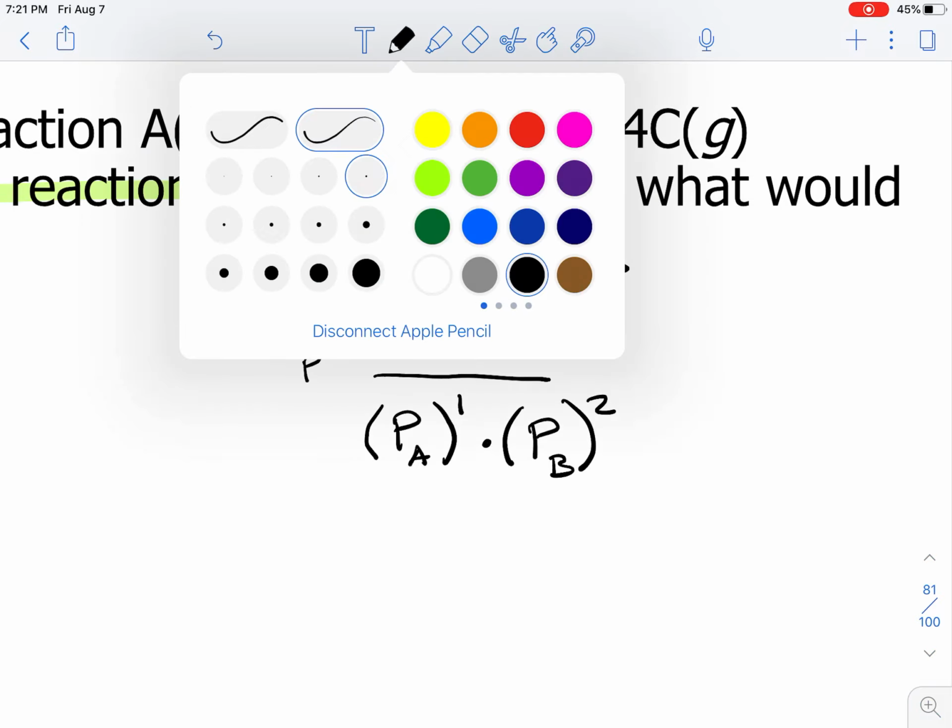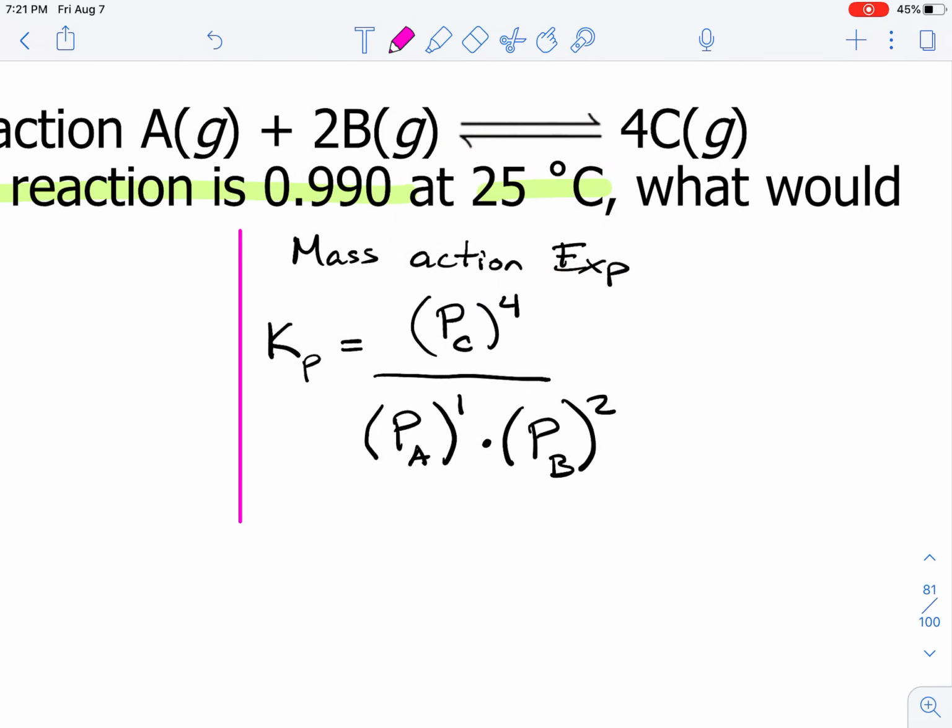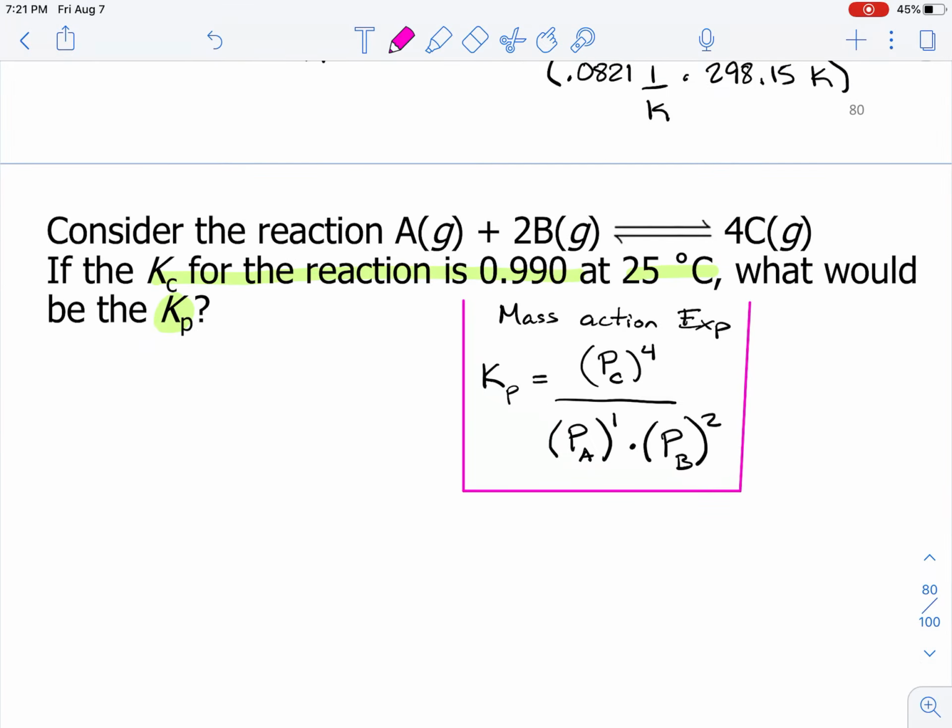So if I ask you to write the mass action expression for Kp for this reaction that involves these gases, you should be able to do so. And so once again, this is just for practice. It really has nothing to do with the problem.